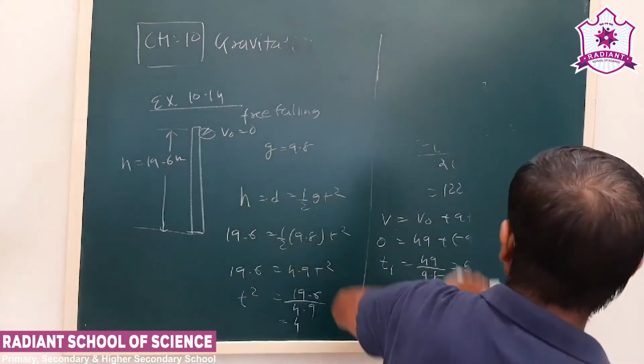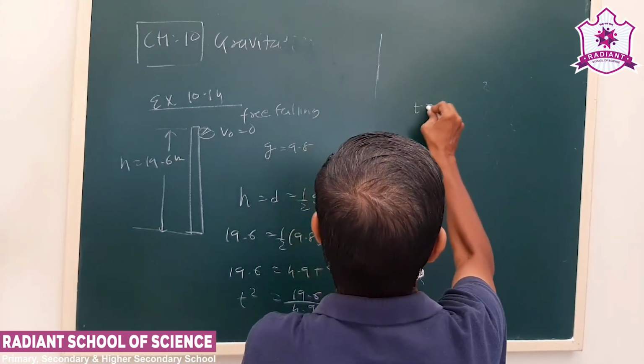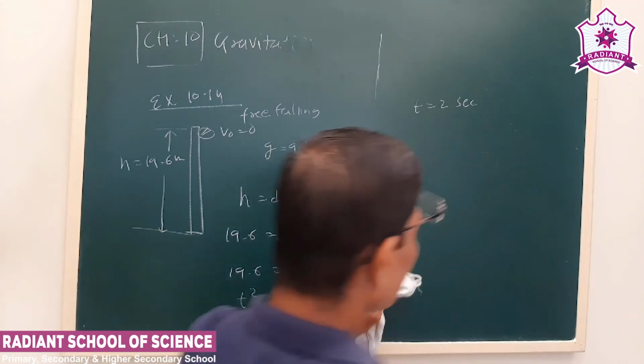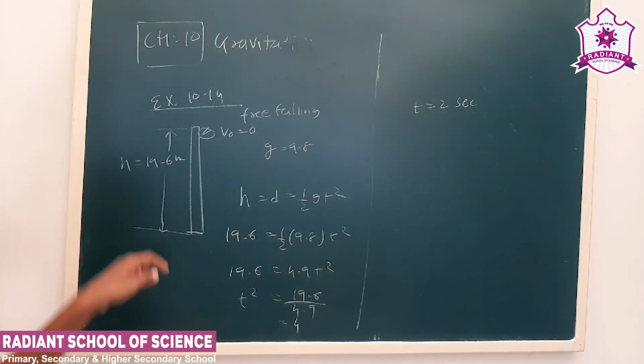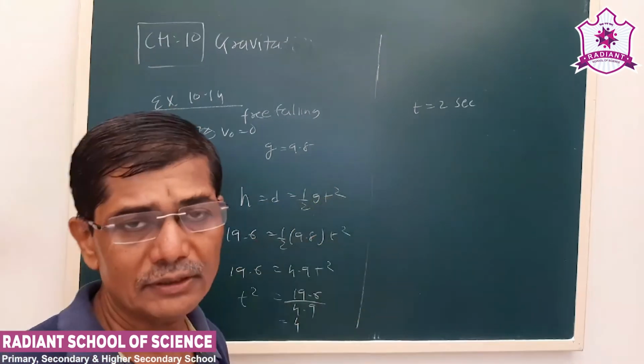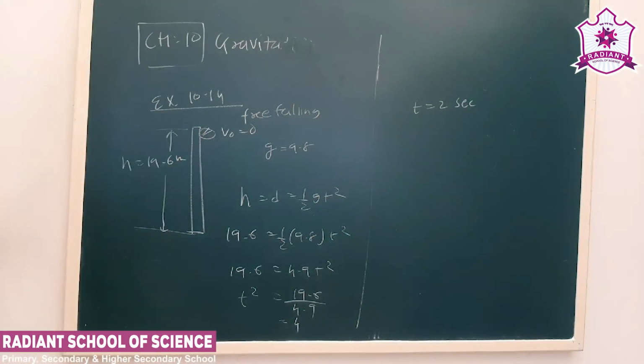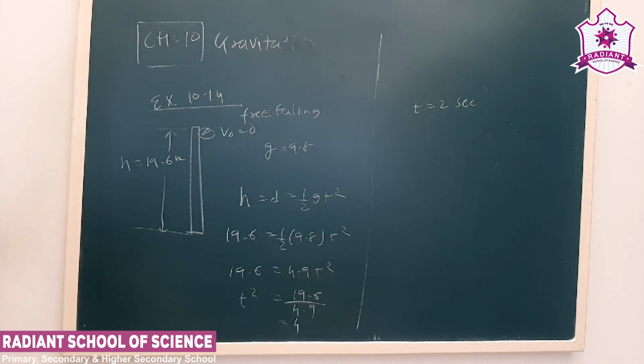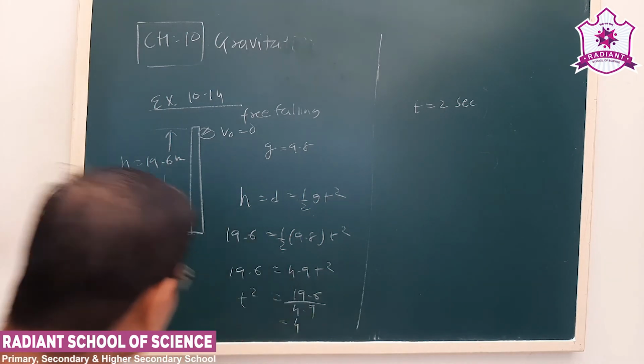So when the object is allowed to fall freely from a height of 19.6 meter, time taken to reach the ground is 2 seconds. See, this is nothing but exercise sum number 10.14. Now, next is exercise sum number 10.15.